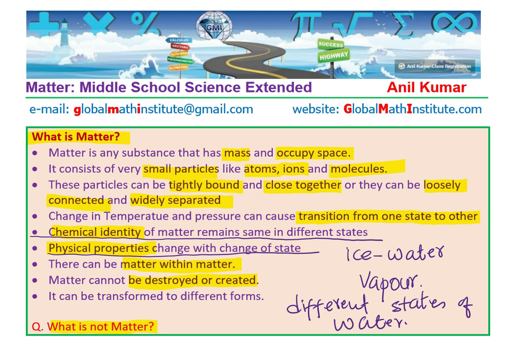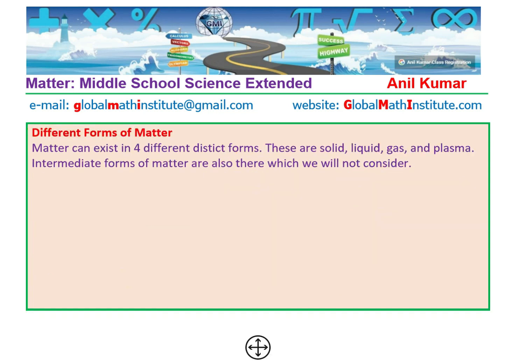In the next video, we will talk about forms of matter. However, at the end, I would like to tell you that we'll discuss four forms of matter, not just three. Okay, most of the time we say three forms, but there are four forms of matter which we are going to discuss, and there are many more.